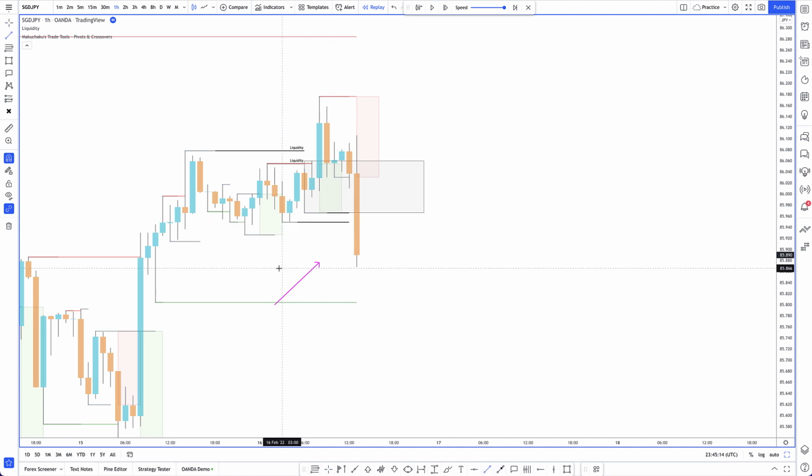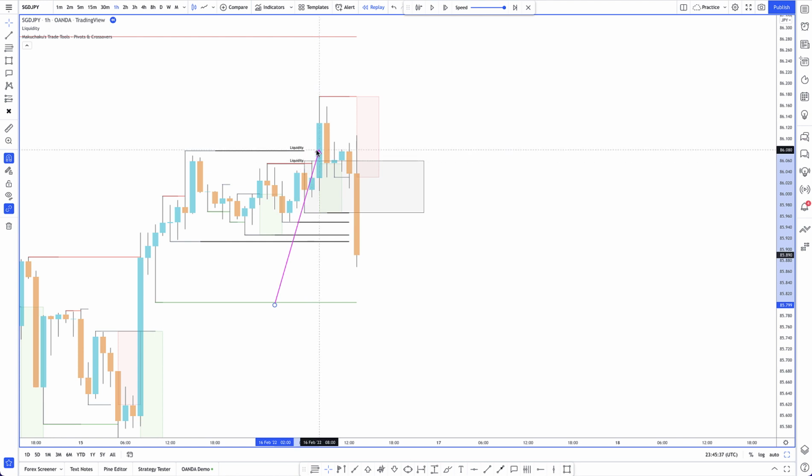It even broke down structure from here and here. So it's a significant event in the market that had happened. What we are interested in is now this section of price, because we know the price has done many things there.